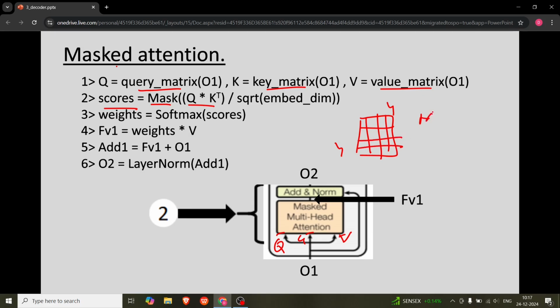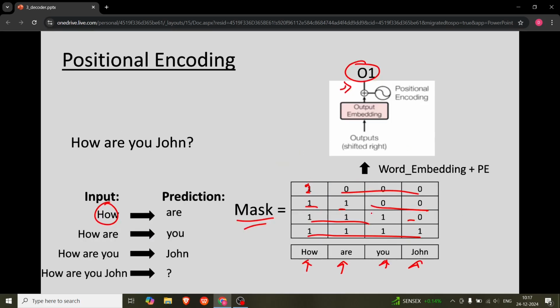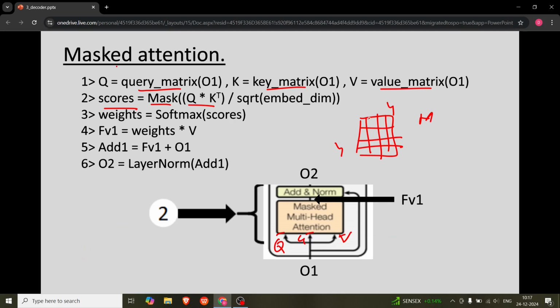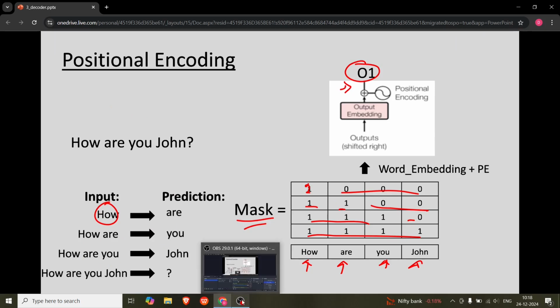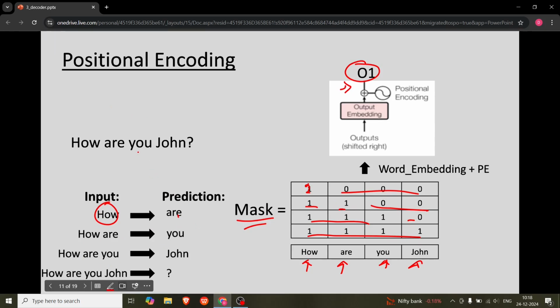Now remember the mask that I had shown you over here. The mask was a triangular mask, which means the entire upper triangle will be blurred. It's going to be a lower triangle mask. Why do you do that? Because you do not want the model to look forward. If I'm going to predict the word "you", should I have access to the word "John"?